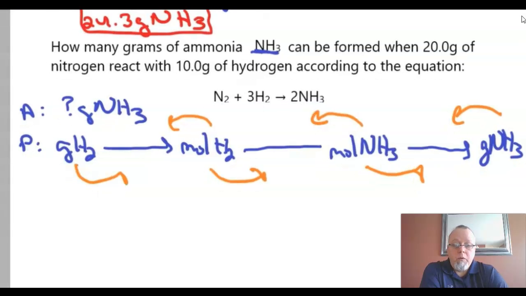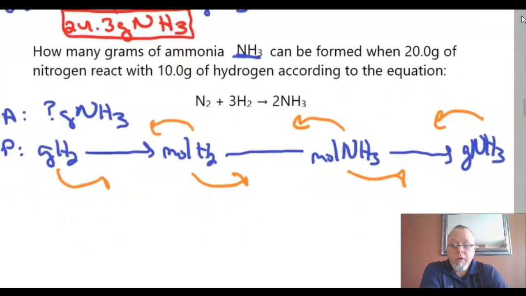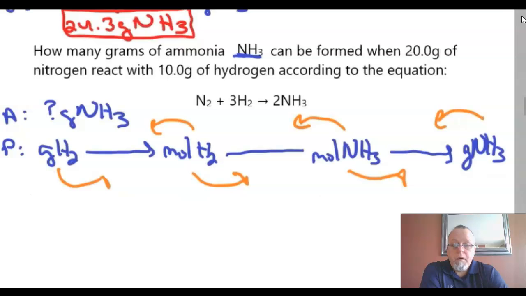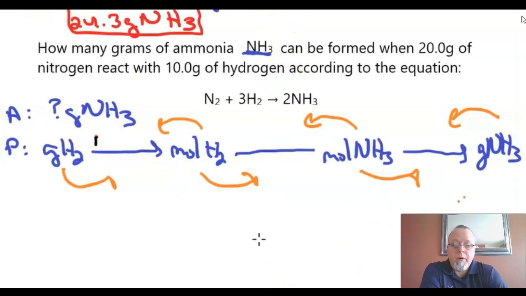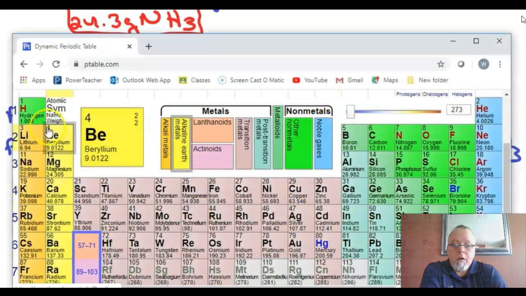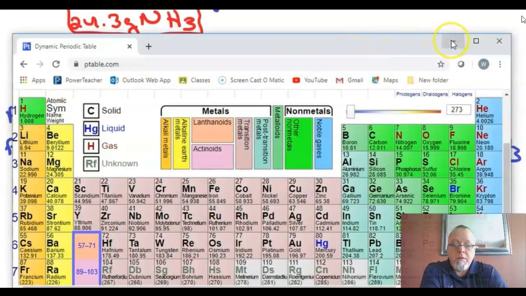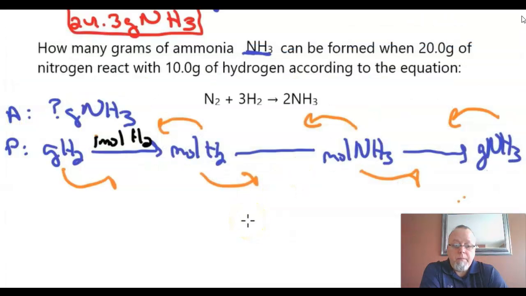And 1 mole of H2 has how many grams? Where do we figure that out? On our periodic table. Hydrogen has a molar mass of 1.008, so 2 times 1.008 is 2.016 grams of H2.